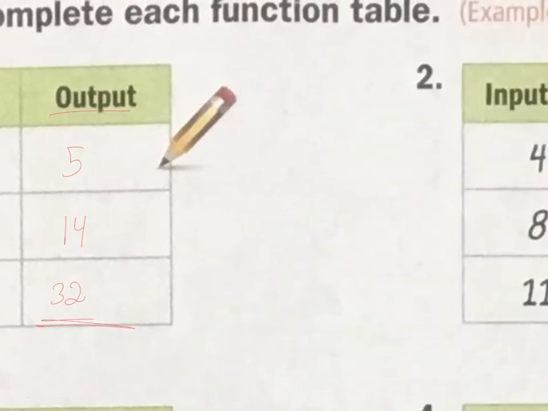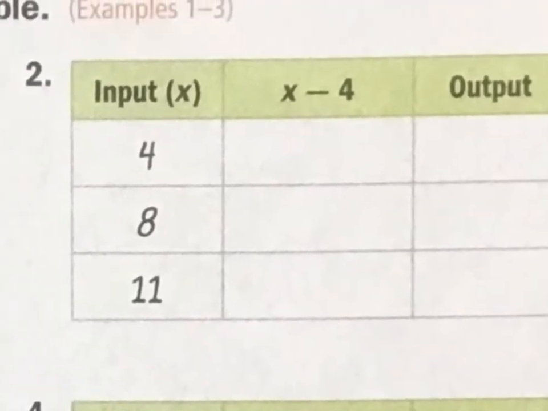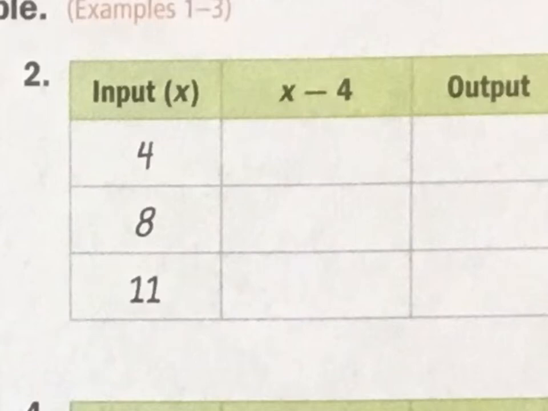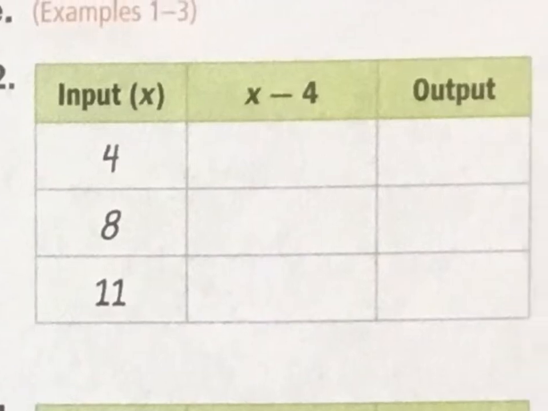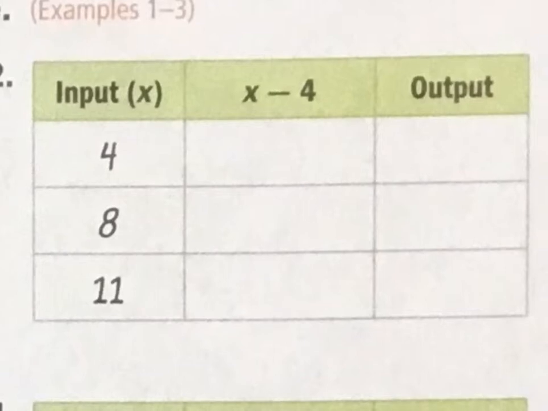Let's go over to the next one. Number 2. Same type of thing, output, input. And one thing I would remind you, especially for later, the output is y. The input is x, and the output is y. So, I got to get an output. 4 coming in.